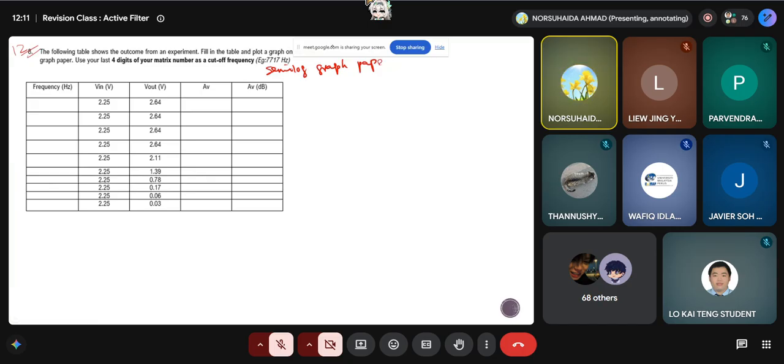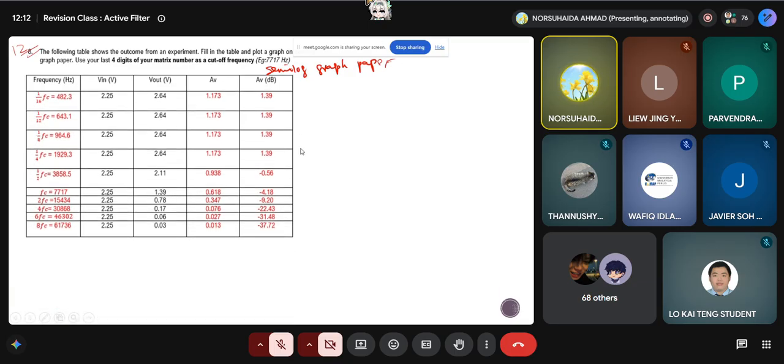For this question, we have the frequency. This is the same question as the practice in the lab session. The only different values are the frequency and the type of filter obtained.